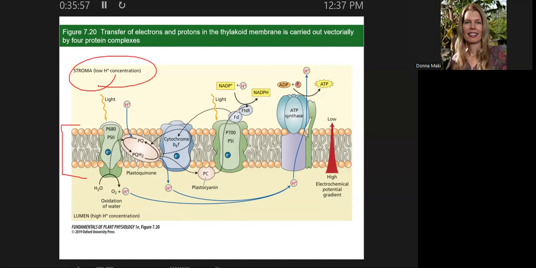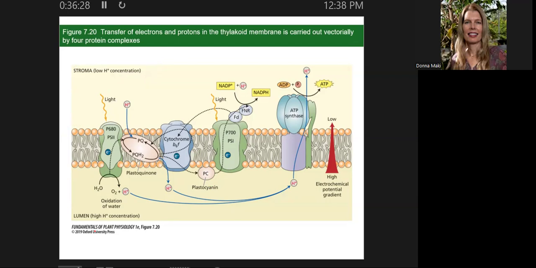Then you have your transmembrane proteins that are involved in the electron transport chain here. We're going to use this a lot to talk about what's happening, but this isn't showing all the players of the light reactions. It's a nice simplified way of looking at it to get our bearings on this process.